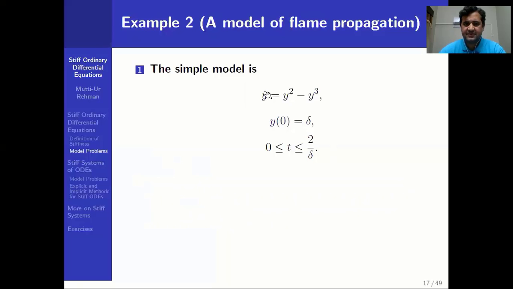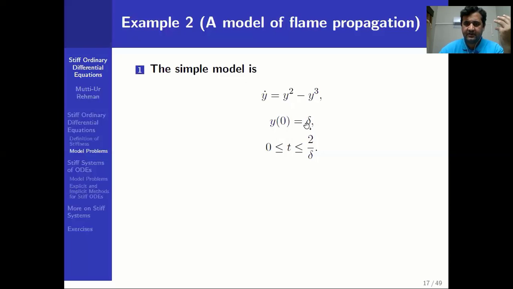Here, your function y represents the radius of the ball of the flame. You can see from the construction that this represents the surface, and this is the volume, and then you have the initial condition.